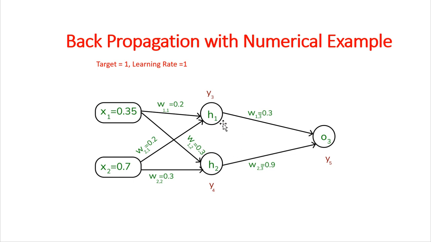After finalizing that, these are going to be connected with the final output layer. These values become the input values. Again we need to calculate O3 here. To calculate the net input at O3, it is Y3 into weight 0.3 plus Y4 into 0.9.